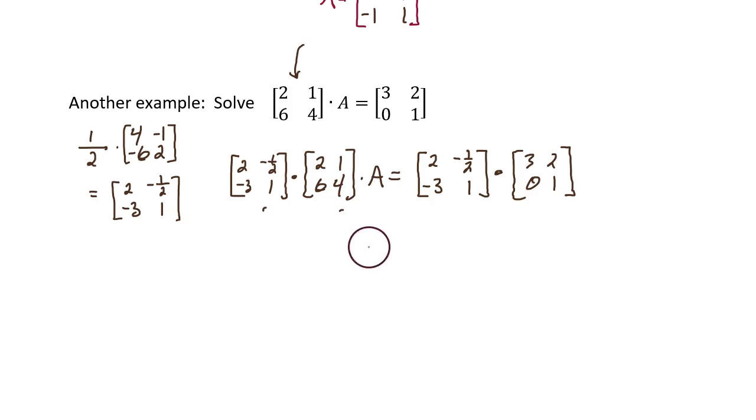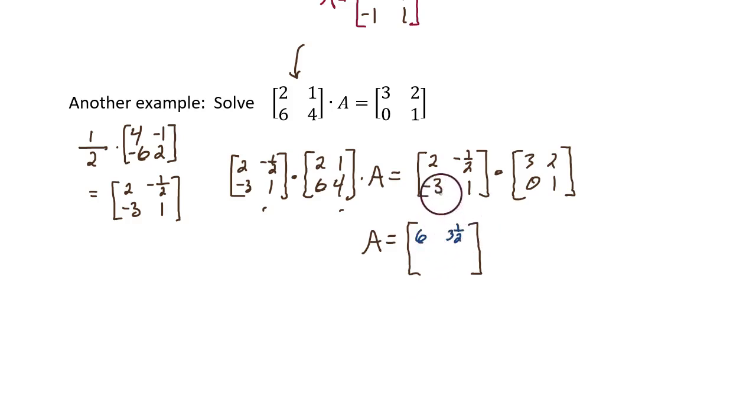These two just cancel away. The letter A is alone. And on the right side, we're actually going to perform this multiplication to see what we get. 2 times 3 is 6, plus -1/2 times 0, so this just makes 6. Now this one here, 2 times 2 is 4, plus -1/2 times 1, so 4 and -1/2 is 3.5.